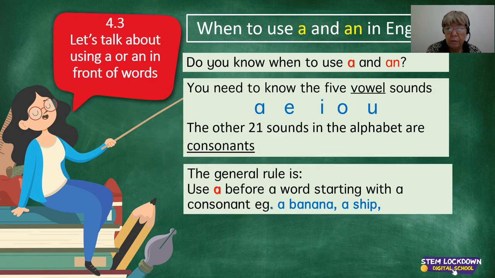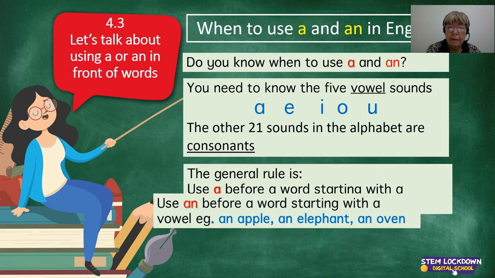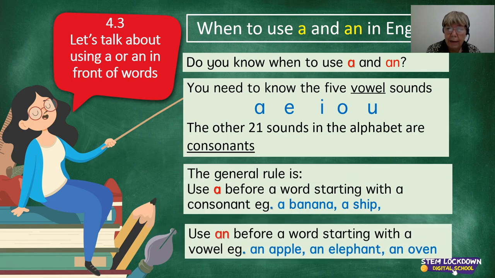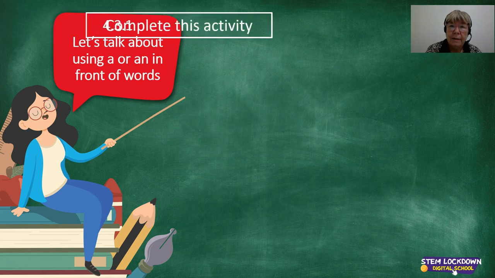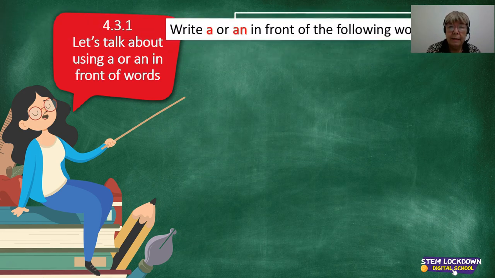So the general rule is you use a, but we pronounce it a, before a word starting with a consonant. One of those 21 consonants. They all use a in front of them. The 5 vowels use an. For example, an apple, an elephant, an oven. Got that? Good. So here's your activity.